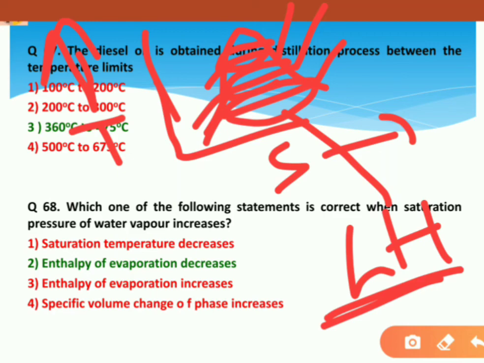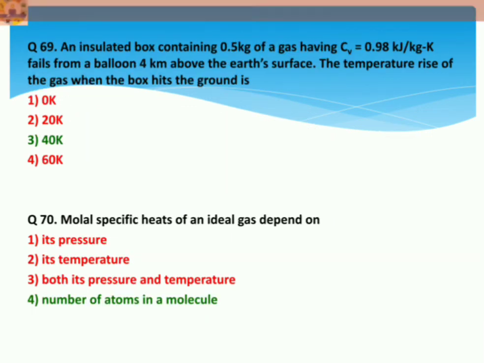As you can see, as we increase the pressure, that pressure line will increase, then the enthalpy of evaporation line will decrease. So here option 2 is the correct answer for 68. Let's proceed to next question.